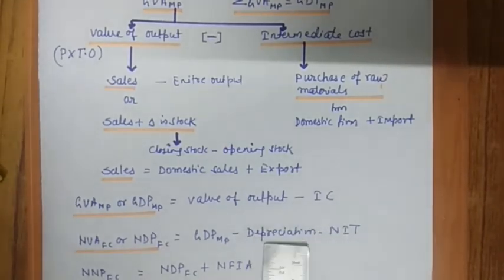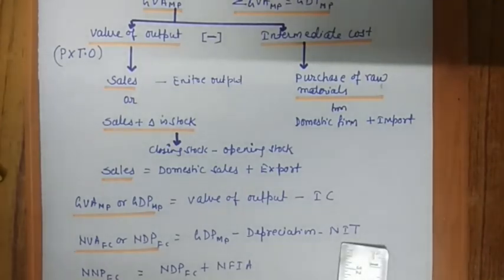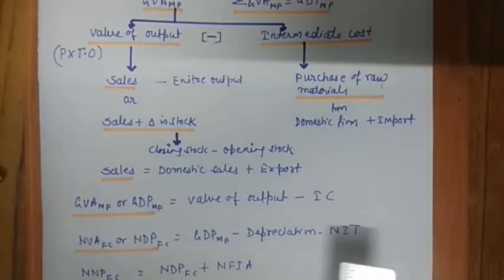Next, because you have to convert it from market price into factor cost, you will deduct net indirect tax. Net indirect tax is indirect tax minus subsidies. Please note down, you are going to include only the indirect taxes. Direct taxes will not be a part of it.